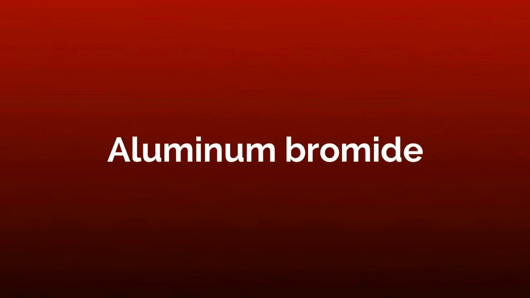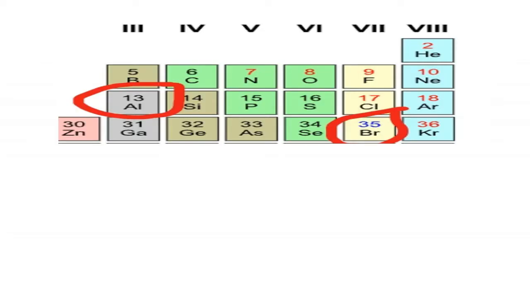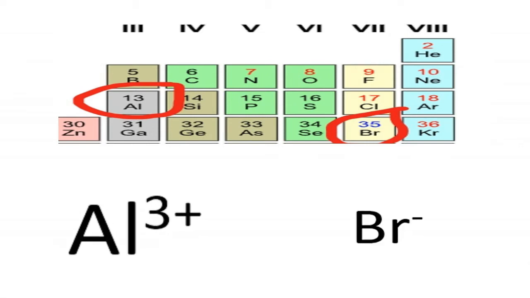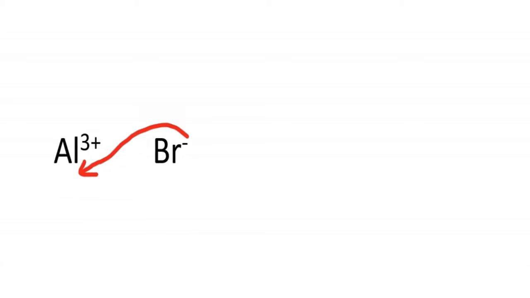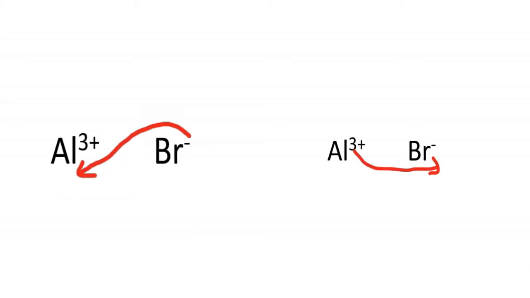Another example is aluminum bromide. Aluminum has a charge of 3 plus, and bromine has a charge of 1 minus. And now, we do the crisscross. Let's take 1 minus over here, and 3 plus over here.